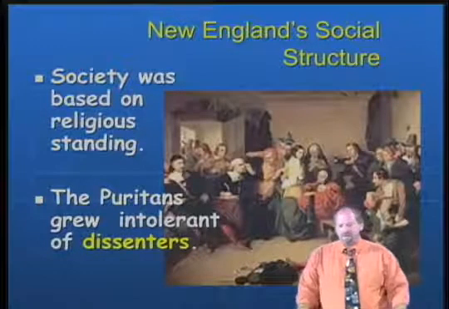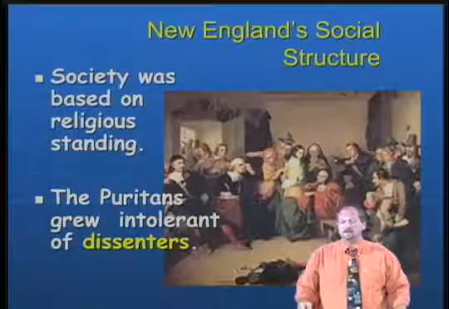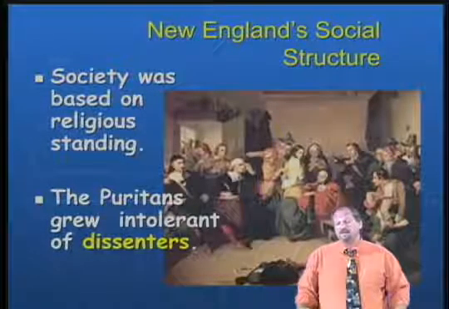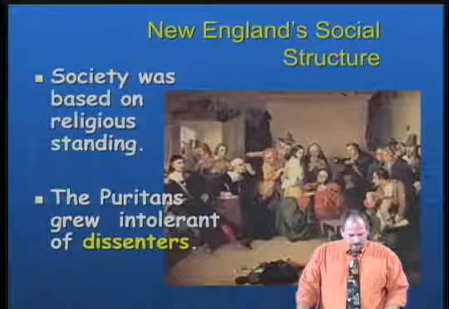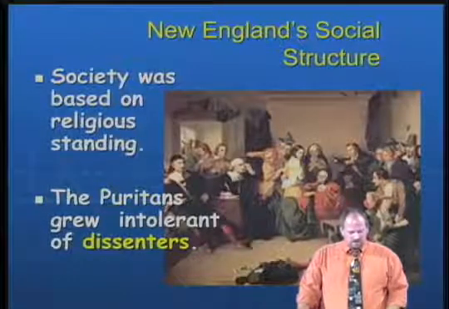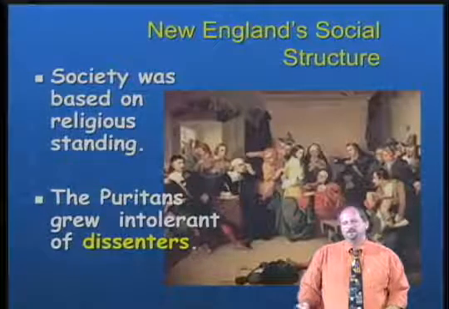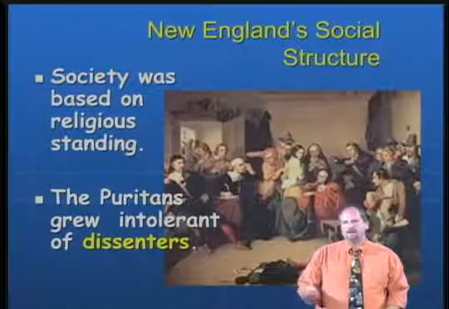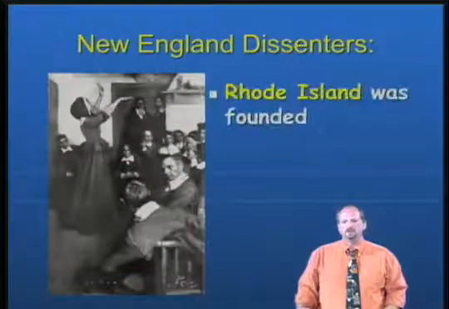They did not like people who did not agree with them, and they certainly did not like those who dissented, that is, opposed their religious beliefs. They became increasingly intolerant of those who challenged the belief that church and government should be the same, and those who wanted a separation of church and state.